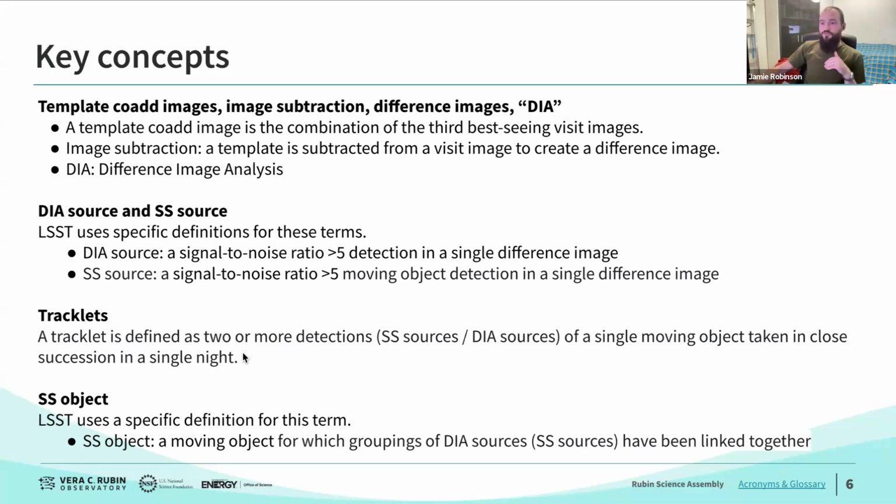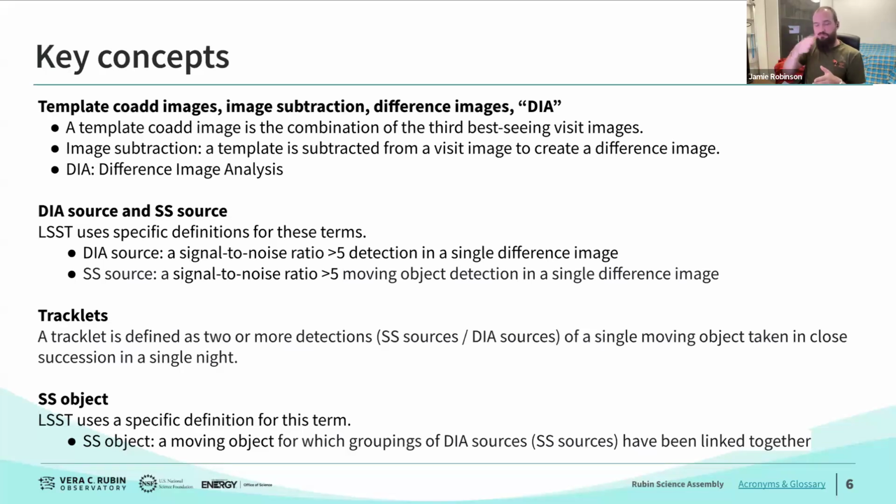So in order to turn these DIA sources into SS sources with a matched orbit, the solar system processing pipeline will construct tracklets. Tracklets are 2 or more detections of an object on a single night in different visit images. Because the general survey strategy will be that LSST will revisit each patch of the sky twice in one night.